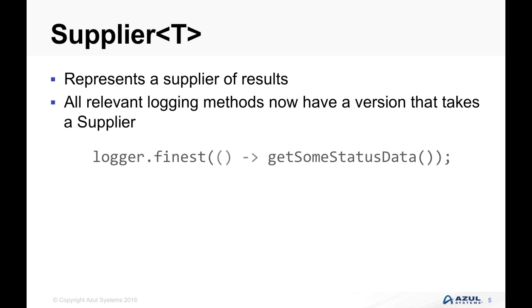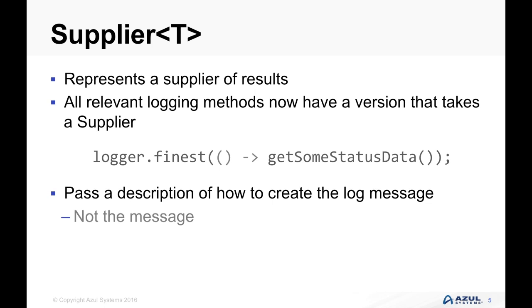So it's a very small, subtle change in our code, but it can have a big impact on performance. Because now what we're doing is passing a description of how to create that message, not the message itself. That way, when finest gets called and it decides it's at level info, so it doesn't need to do anything, it returns without doing any work.